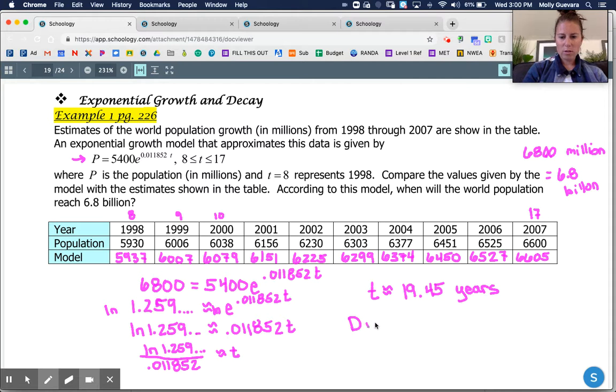So remember, we always have to write a sentence. So during 2009, the population will reach 6.8 billion.